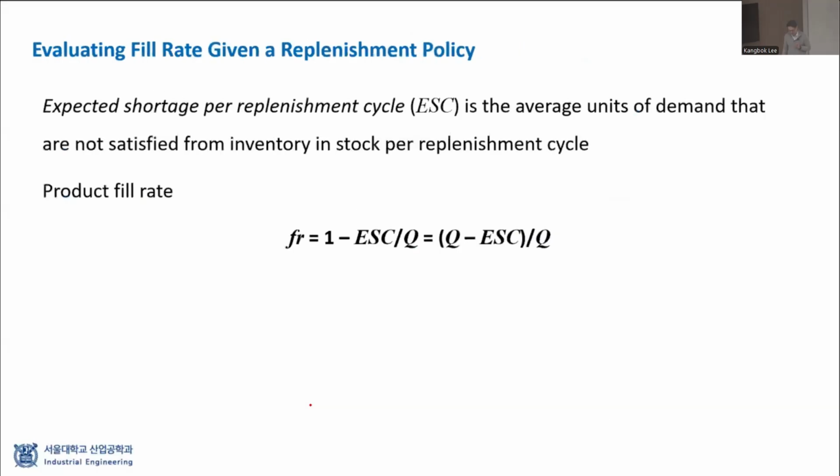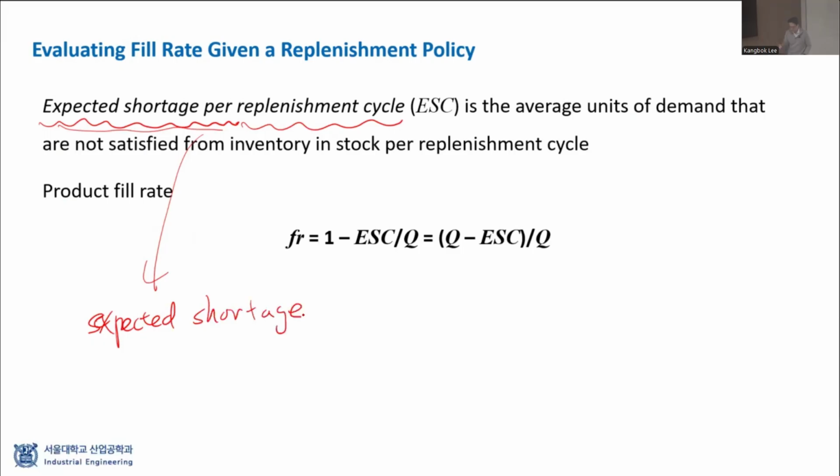So I'm skipping most of the part. By the way, why is it important? Because sometimes we need to calculate the expected shortage per replacement cycle, but this is nothing but your expected shortage. We actually have calculated this from our newsvendor example because this is similar to the expected D minus S positive part, right? So that's the shortage. So as long as we have expected shortage, we can divide it by Q, and then it will go to the fill rate.